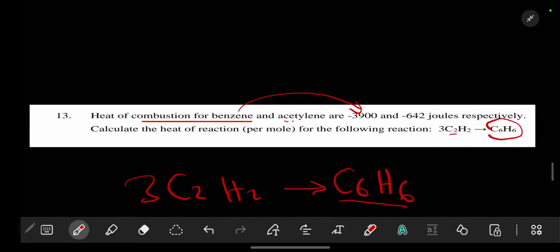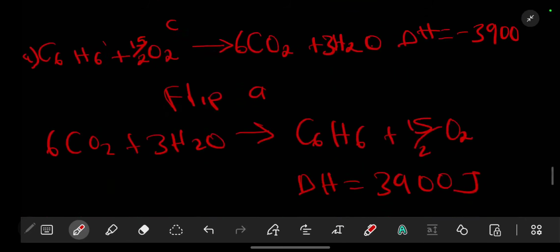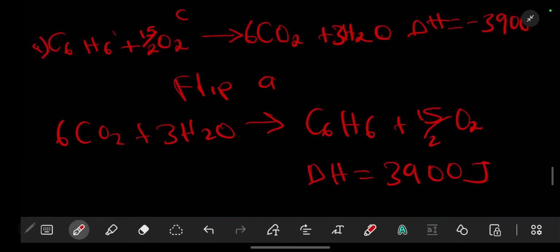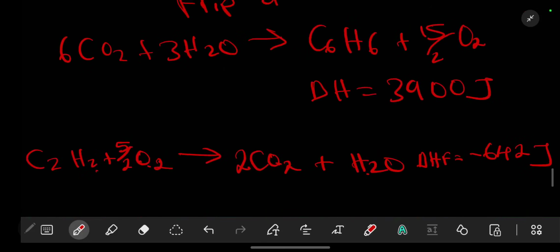What do they want? So calculate the heat of reaction following this. So we are going to have these 2 equations.